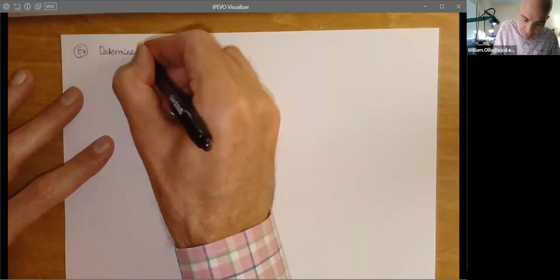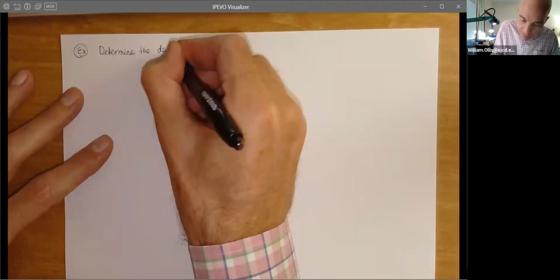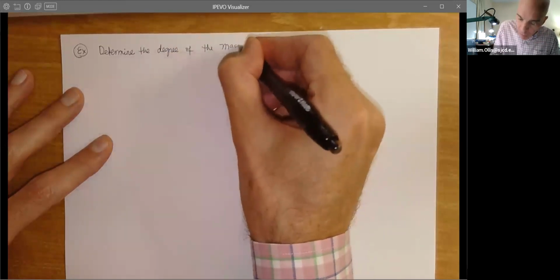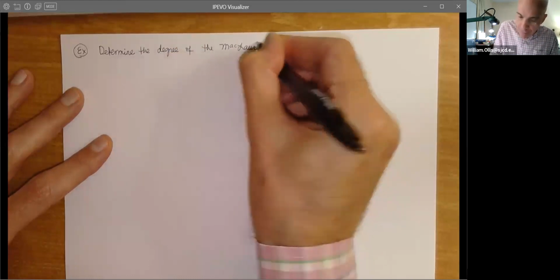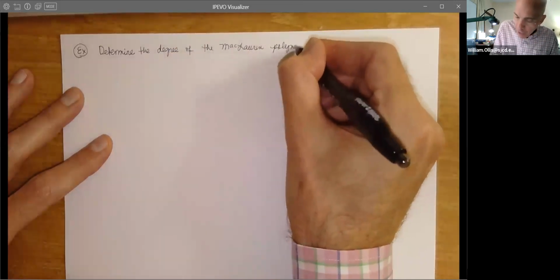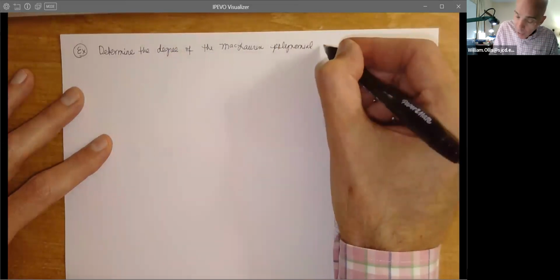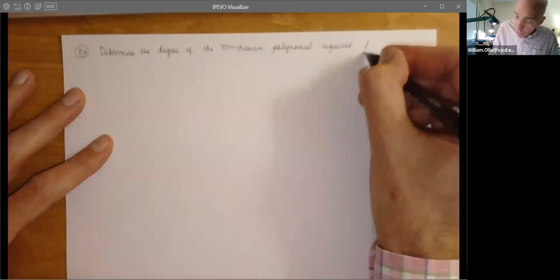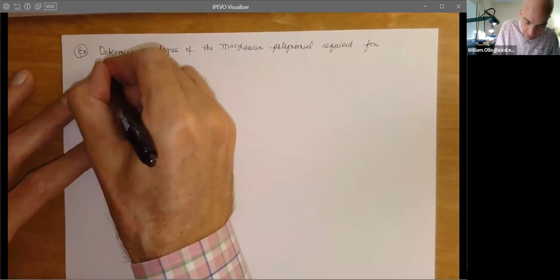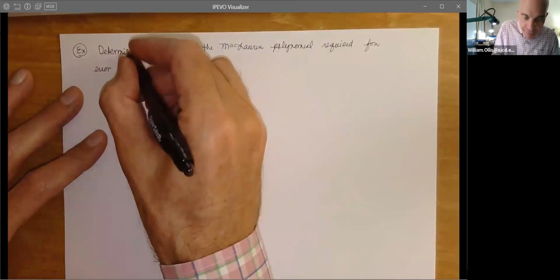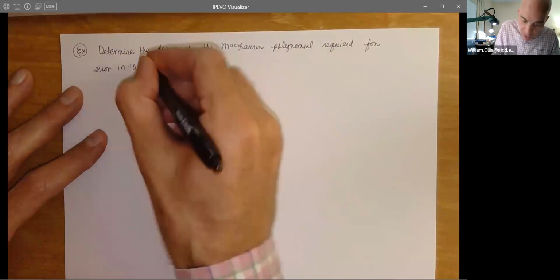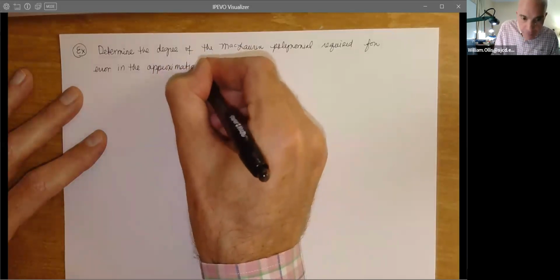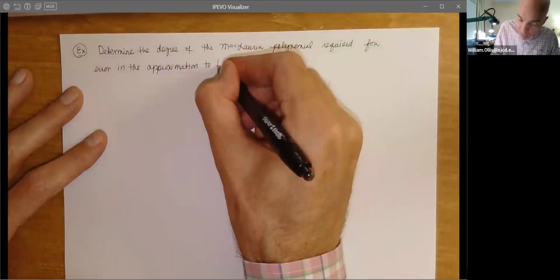So it says determine the degree of the Maclaurin polynomial required for the error in the approximation to be less than 1/1000.